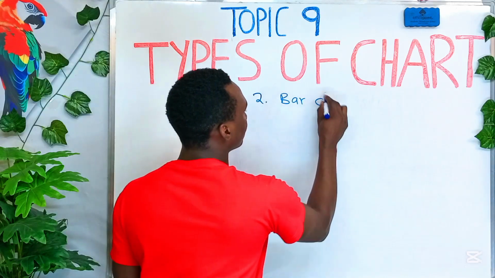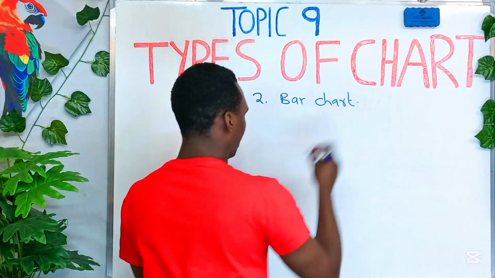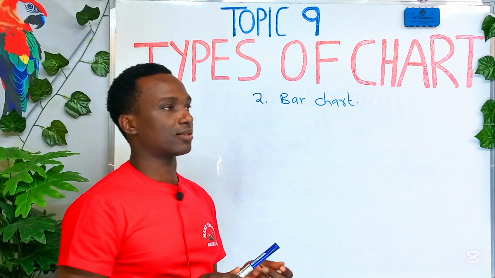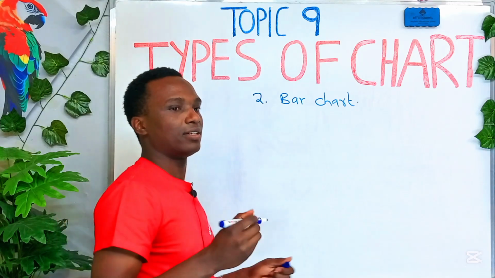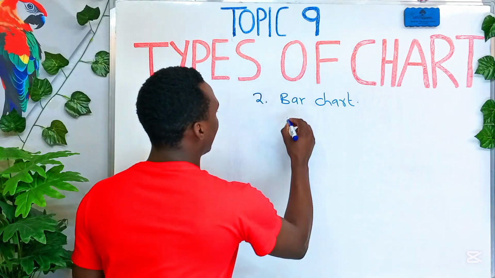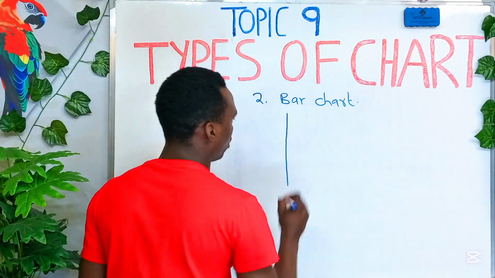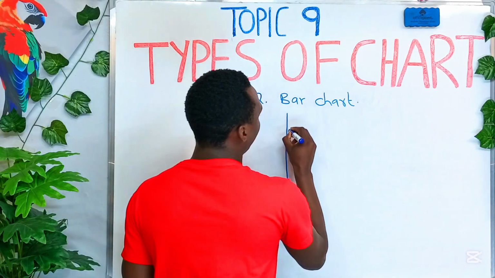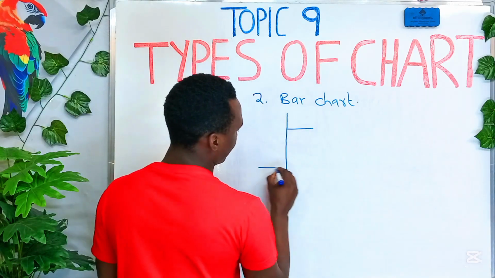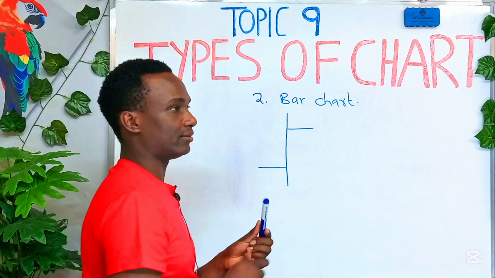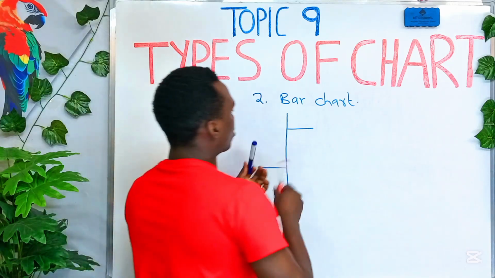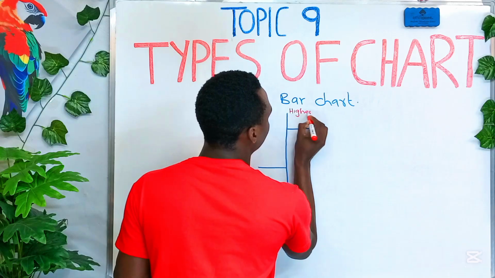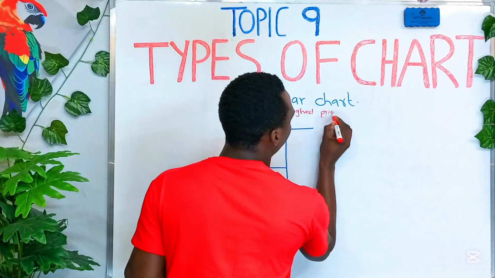Can someone tell me what a bar chart is and how does it look in your charts? Look at your MT5. Ideally a bar chart will look like that, and you will find something like that and like that. So this one represents the highest price. What about this?